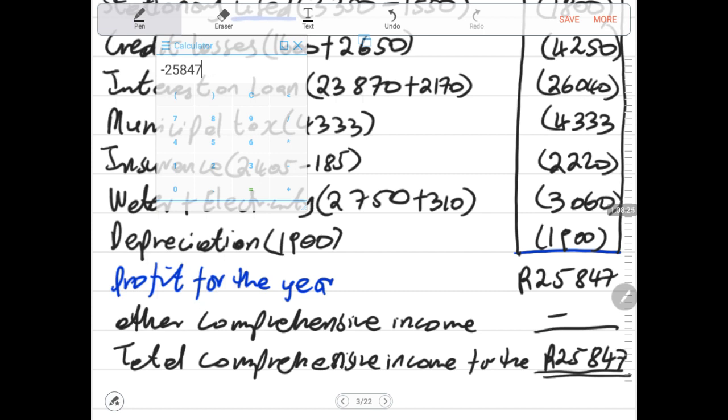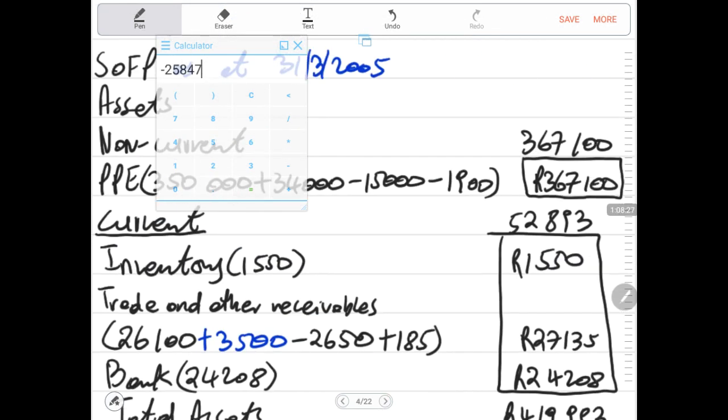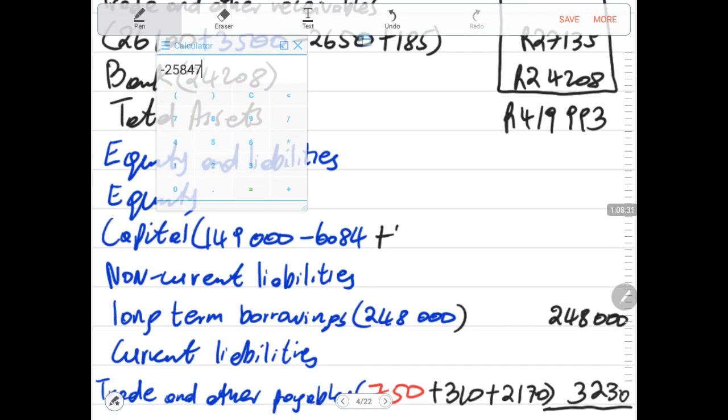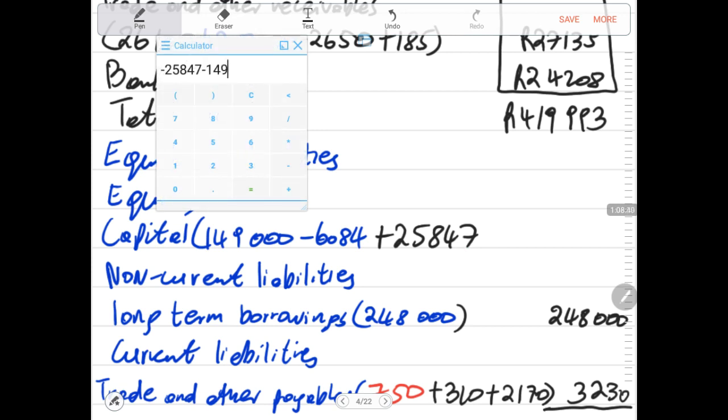So this amount is the one that goes to the statement of financial position under equity capital, plus 25,847. Then we start saying minus 149,000, both the sign is negative, plus 6,084.